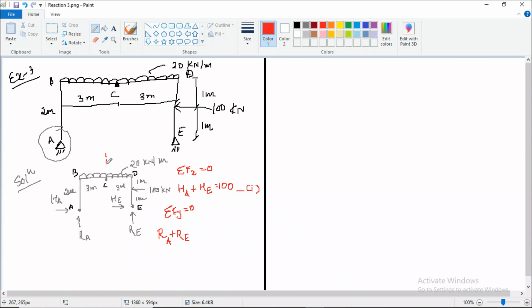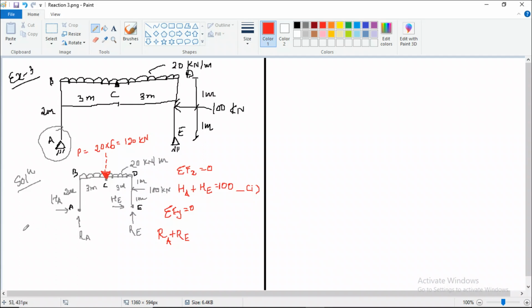You need to always remember that the converted point load will always act at the center of a UDL. So let us say this total is 6 meters, so this point load will act at the center of the UDL, and its value will be loading intensity 20 multiplied by total distance 6, that is 120 kilonewton.